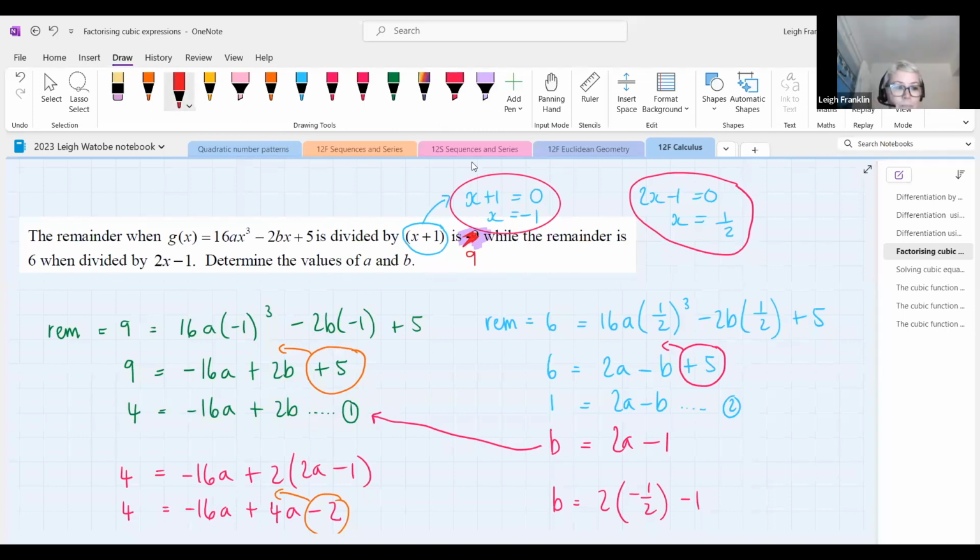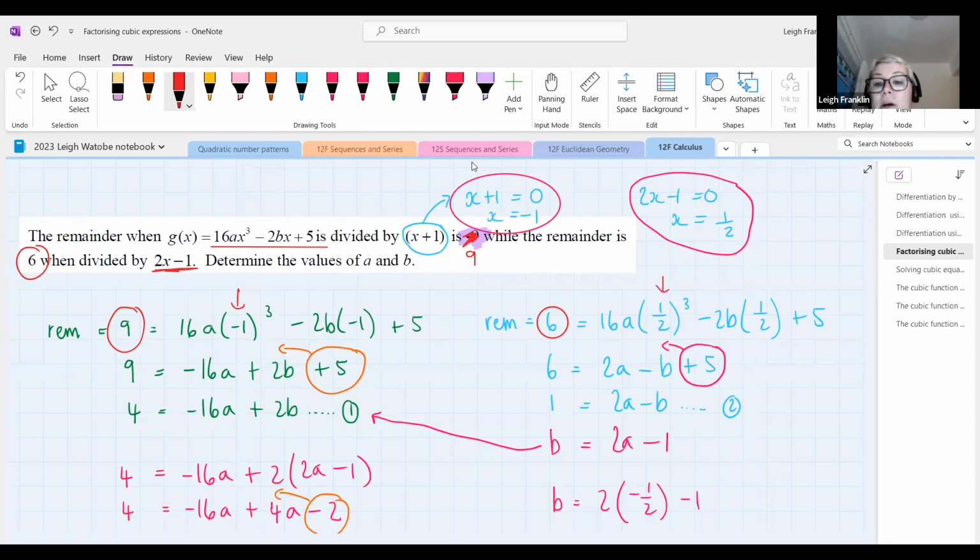What the question was saying is that when we sub in -1, our remainder is 9. So we're subbing -1 into our equation and making that equal to 9 because that is our remainder. Same story on the other side. They've told us our remainder is 6, so we've subbed in our 6 when it is divided by 2x minus 1.